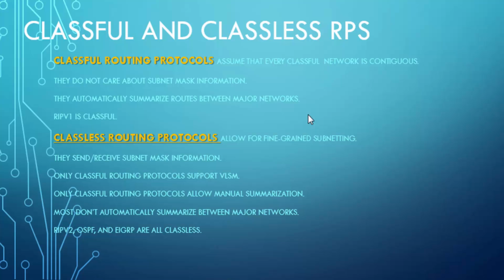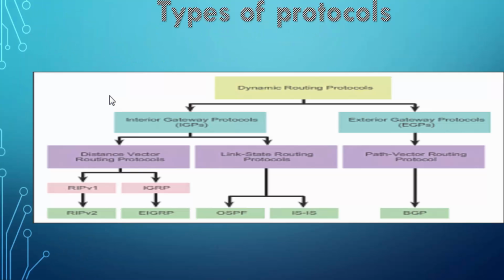The classless routing protocols allow manual summarization. Remember, the word over here is manual, and it's very different from automatic, which we saw on the classful one. And most do automatically summarize between major networks, like RIPv2, OSPF, or EIGRP, which are classless.